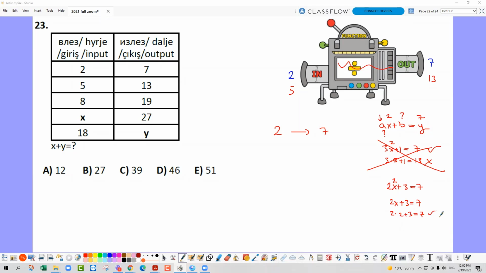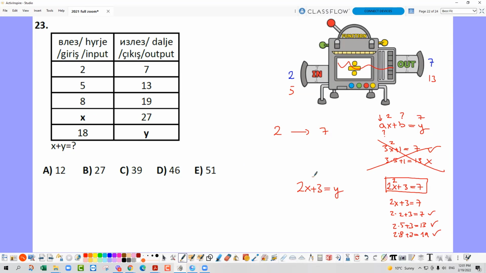Yes, this fits. And at the same time, 2 times 5 plus 3 is equal to 13. This also fits. 2 times 8 plus 3, which is 16 plus 3, is equal to 19. So that fits, which means the formula is 2x plus 3 equals y.